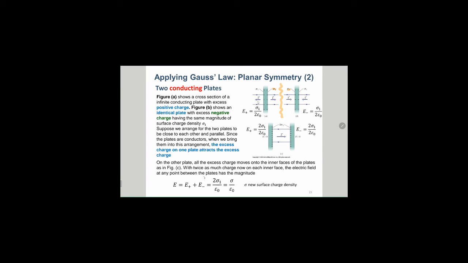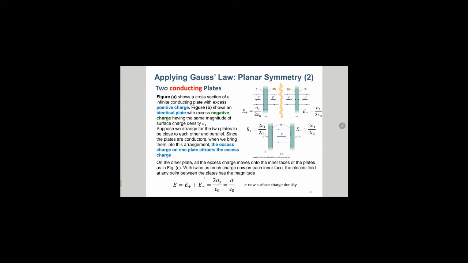So here, the E field points to the left side on the left, and the E field points to the right side on the right. But for the negative charge, the E field points to the right on the left, and the E field points to the left on the right. Okay, so here we try to place these two conducting plates together. In this case, this is positive charge and this is negative charge, and opposite charges will attract each other.